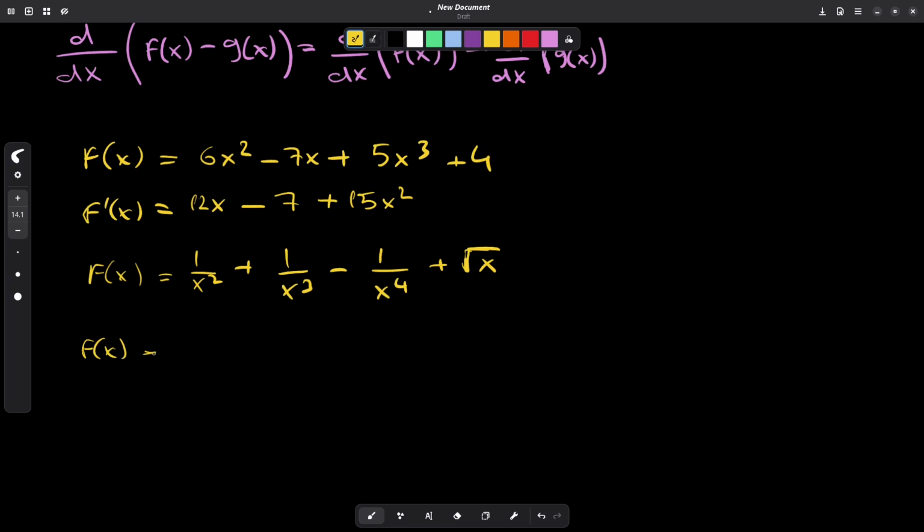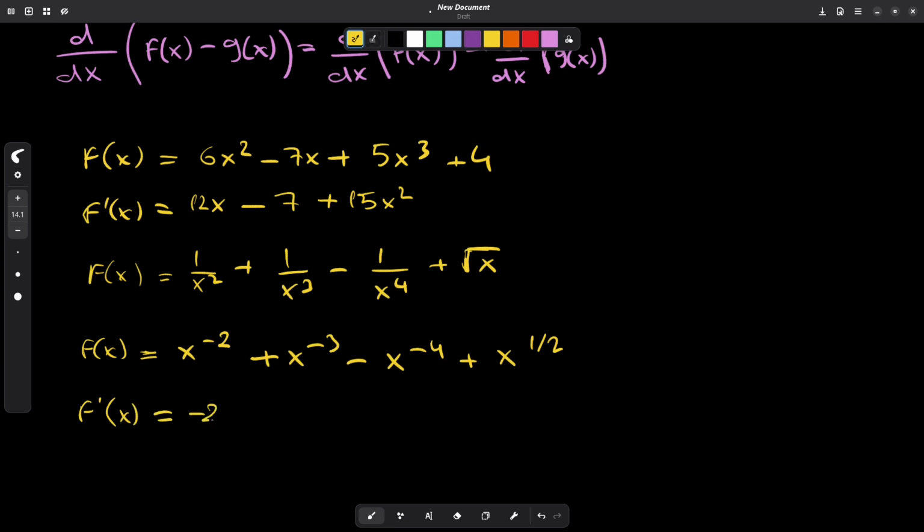Because I know that if it's something to the x power, like x to the 2nd power, 3rd power, I can work with it really easily by my power rule. But I really can't with this form. So we'll write this as x to the negative 2 plus x to the negative 3 minus x to the negative 4 plus, and for root x, x to the 1 over 2. Now I can differentiate this really easily.